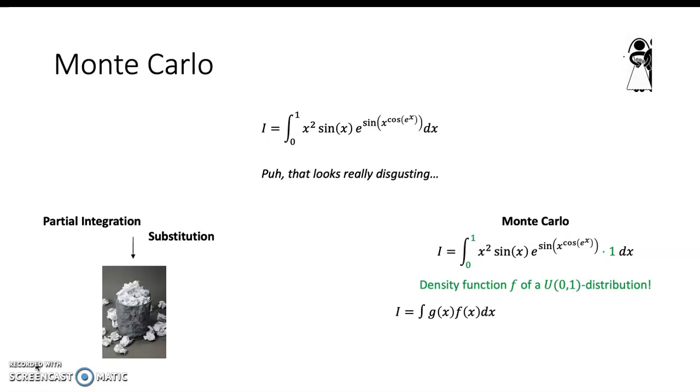So I have basically an integral which is like an expected value of a uniformly distributed random variable. So you can use the law of large numbers in order to numerically compute the value, and this is done with the following theoretical algorithm.